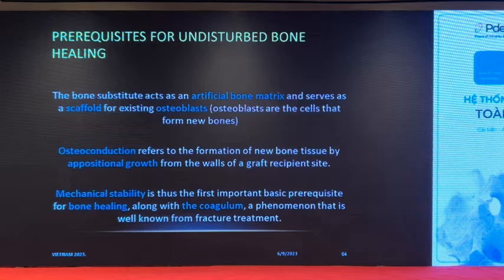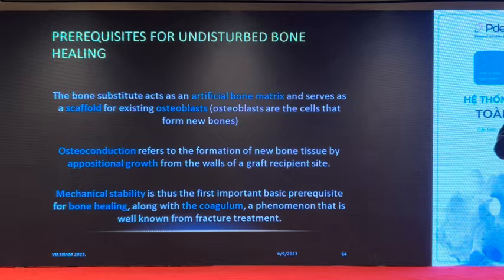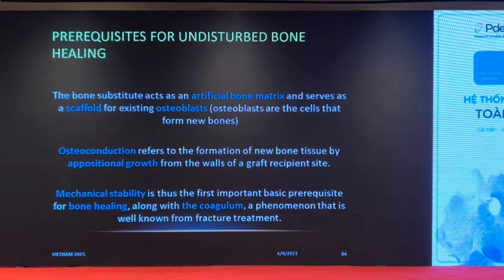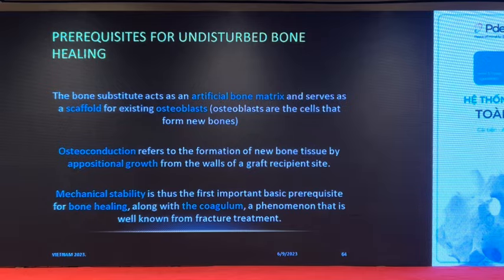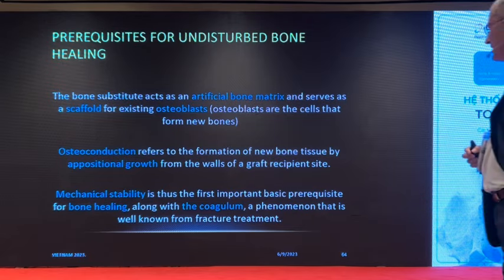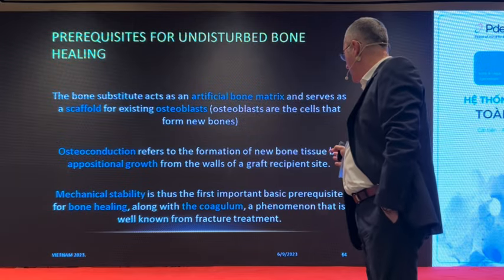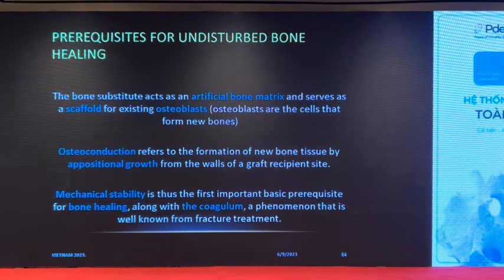So we can get new bone from the walls, but we need something between these walls to get new bony cells. Because of that, we need mechanical stability, the first important basic prerequisite for bone healing, along with the coagulum, a phenomenon well known from fracture treatment.